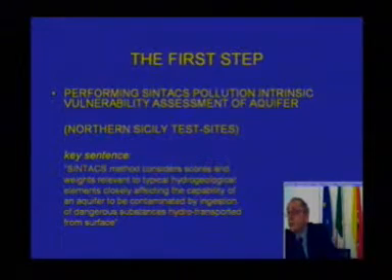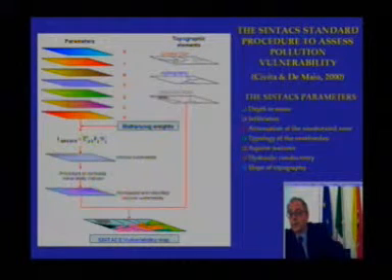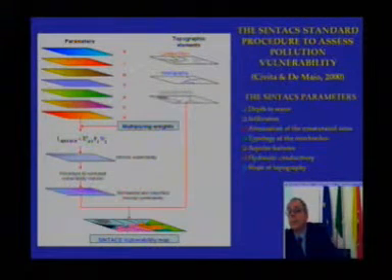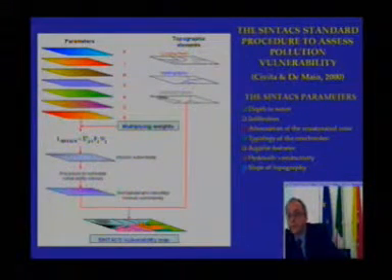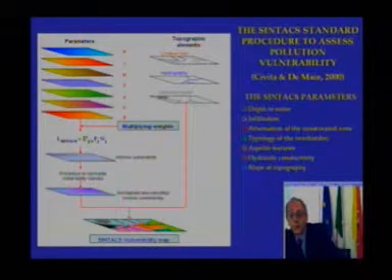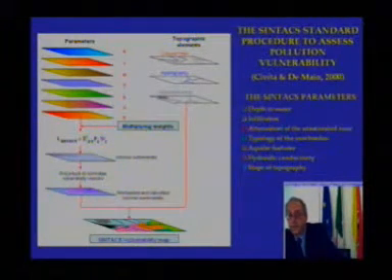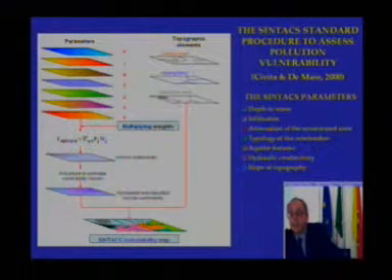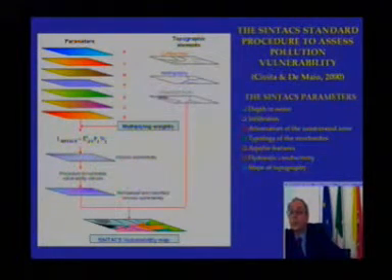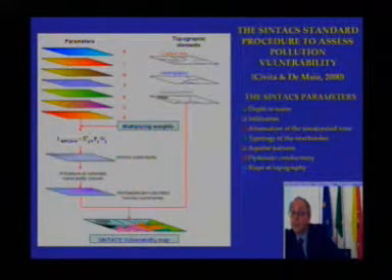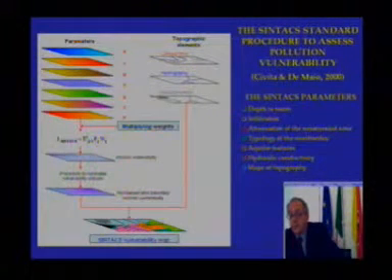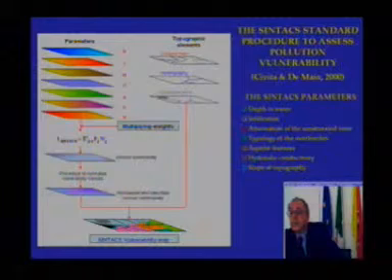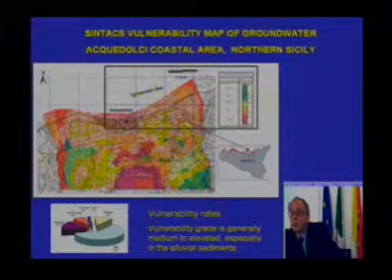We try to perform vulnerability maps by the SINTACS methodology, considering 7 parameters: depth to water, infiltration, attenuation of the unsaturated zone, typology of the overburden, aquifer features, hydraulic conductivity, and slope of topography. These layers lead to an intrinsic vulnerability map, relevant to the passive behavior of the territory. This map has been realized for the Acquedolci territory.